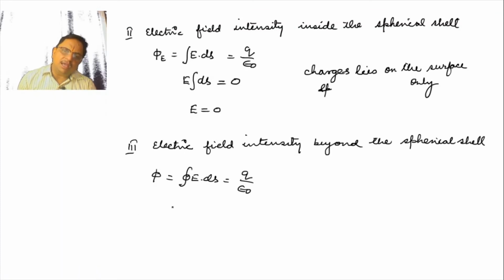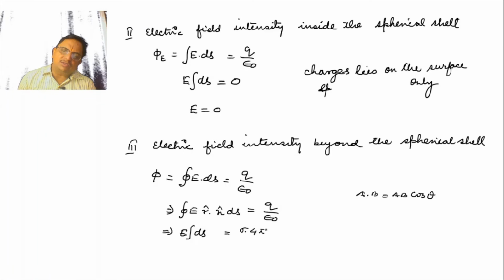You see here again electric field intensity and area vector both are in the same direction, so we apply the same thing, A dot B is equal to AB cos theta, and then we have E, here it is ds, and it will be sigma into 4 pi r square over epsilon 0.